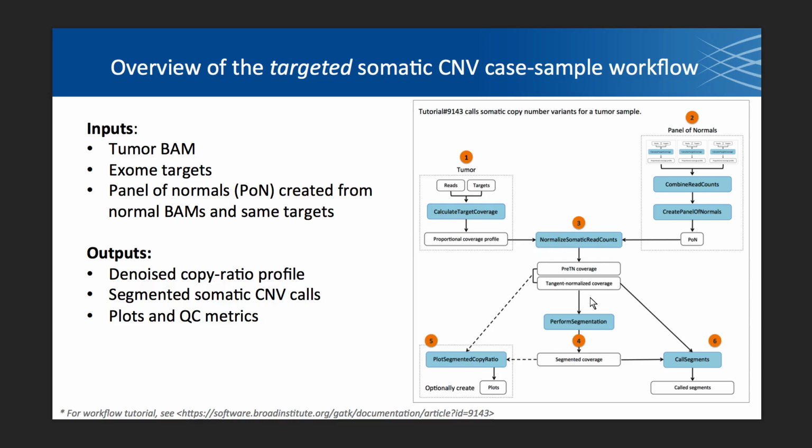You want to group contiguous regions of the same copy ratio into a single segment to get a file that represents the actual events. And that's what segmentation does. And then you call on those segments, whether they are amplified, deleted, or neutral in terms of copy number. And we have an optional plotting step, which we highly recommend. All the plots that I'm showing you come from this plotting tool, and it also emits some QC metrics.